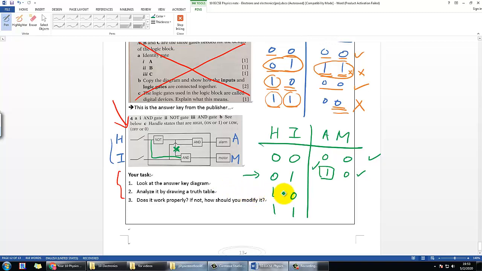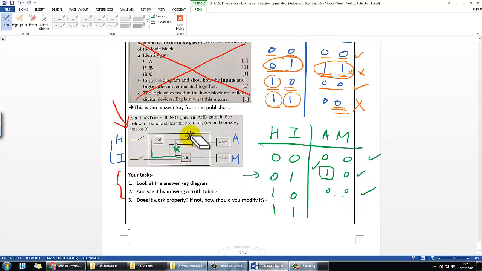Someone stealing your car. Next is 1, 0. So we have 1 reversed to be 0 here, and then 1 copied to this, 0 copied to this, 0 copied to this. 0 and 0 is 0, 1 and 0 is 0. So when no one is switching on the ignition, no one is trying to drive the car at all, nothing happens, so this is good.